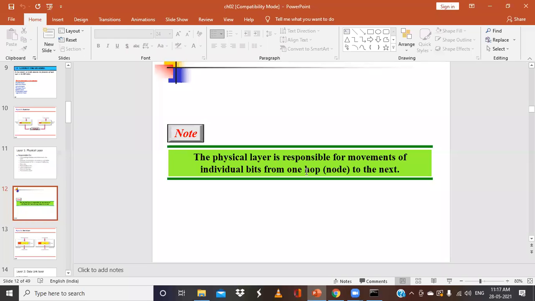If I'm communicating, then the destination machine and the next machine will be the same. But if the other system is located somewhere else, then no direct communication is occurring. So it will send it to the next nearest system, and so on it will reach the destination. That is the meaning of transmission from one hop to the next hop, or from one node to the next node.